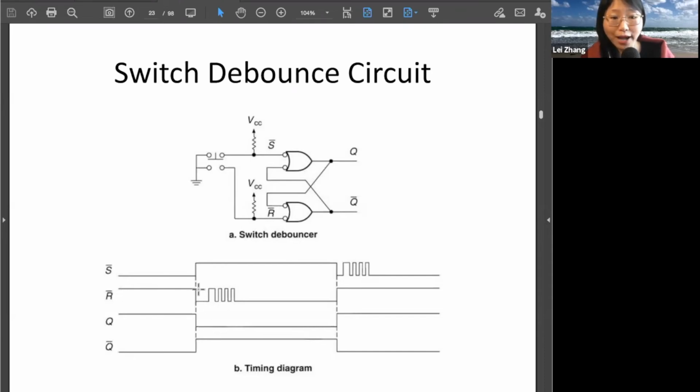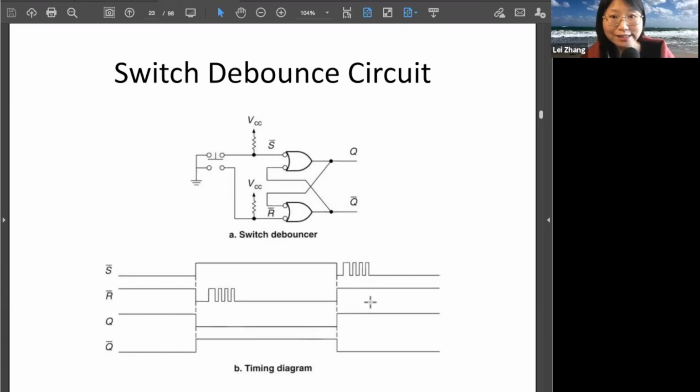So that's why when this reset bounces up and down, the output won't be affected anymore once it gets reset to 0. At this point, it will only be changed once the set signal is activated, going to 0, and then that will set the output to 1 again.